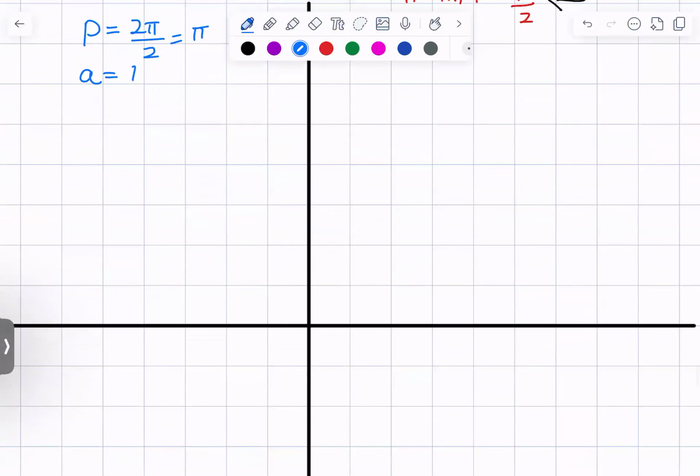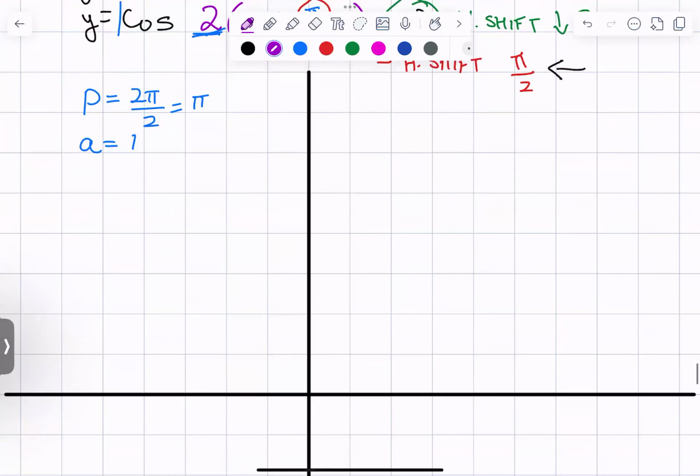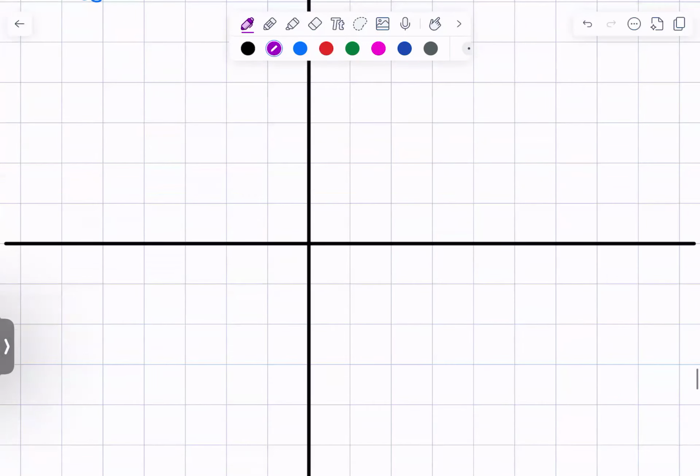I'm going to show you guys a little trick. I know my period is pi. So if it's pi, then I know I'm going to skip 4 units. Go here. I'm going to label that as pi. Halfway between 0 and pi is pi over 2. Halfway between 0 and pi over 2 is pi over 4.